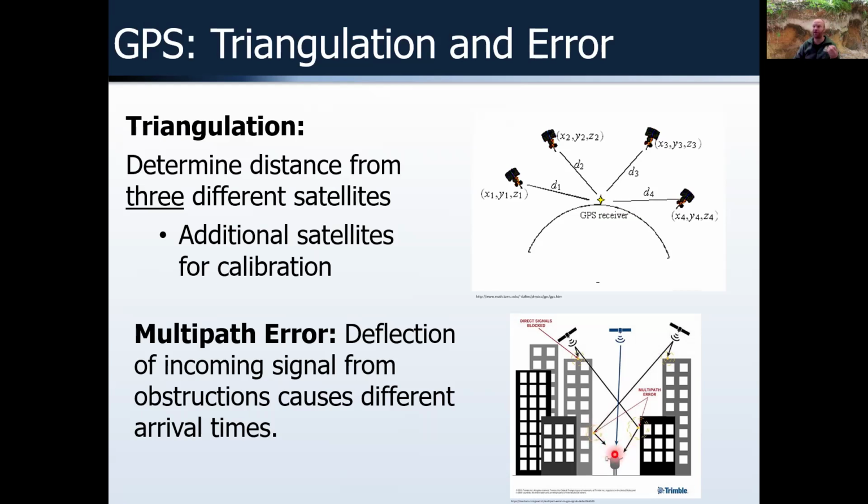And so that is going to cause error. And this is called multi-path error. It's deflection of these incoming signals from the satellites where your phone still receives them, but it doesn't know that that signal had been deflected.